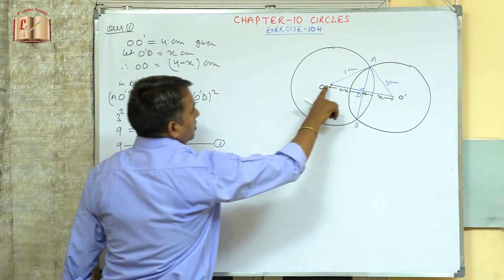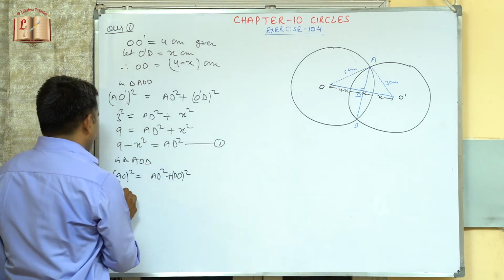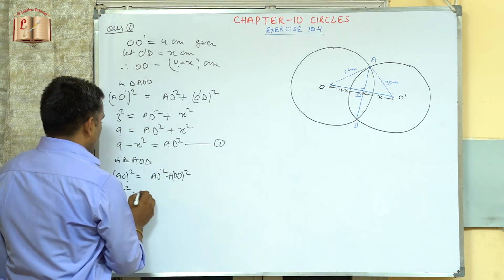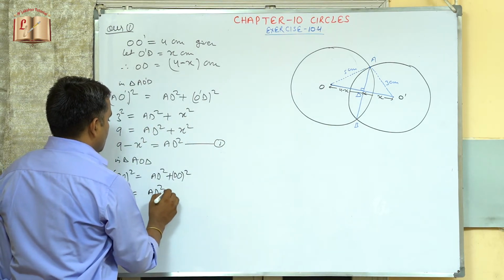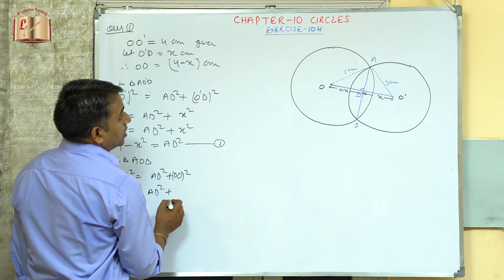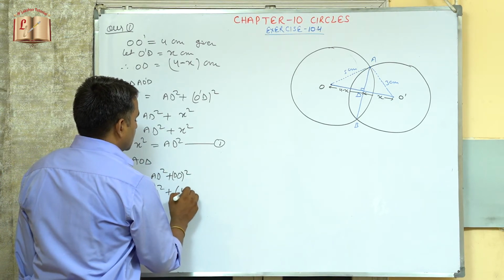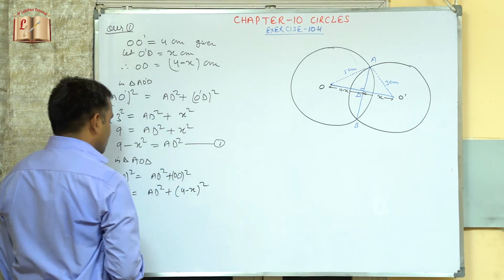So AO is now 5 centimeters, so 5 square will be equal to the same AD square plus O'D, which is now 4 minus x whole square.